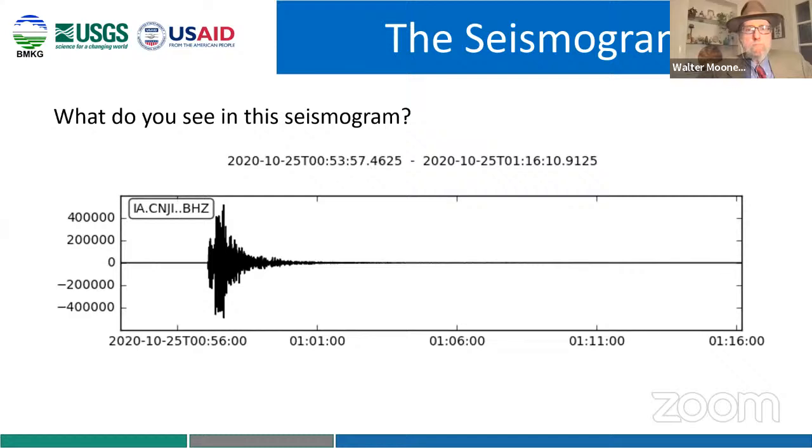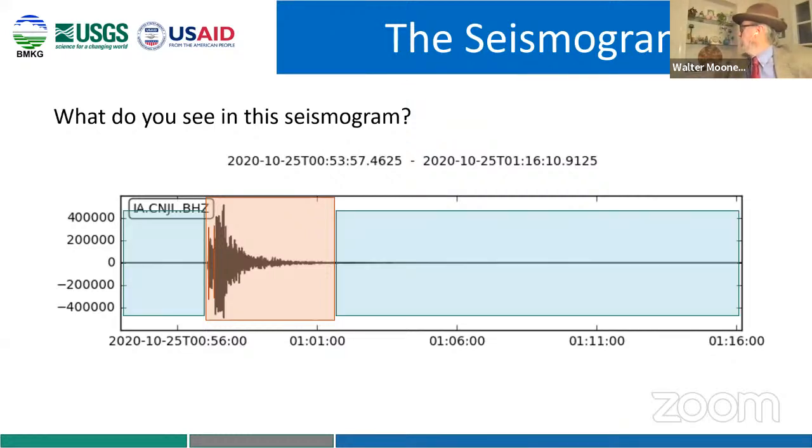Let's start with a question. If you see this kind of seismogram, what do you see the first time in this seismogram? I think all of us will focus on the earthquake signal like P wave, S wave, and even Coda wave. And what about the rest of the signal that even dominates the whole seismogram?